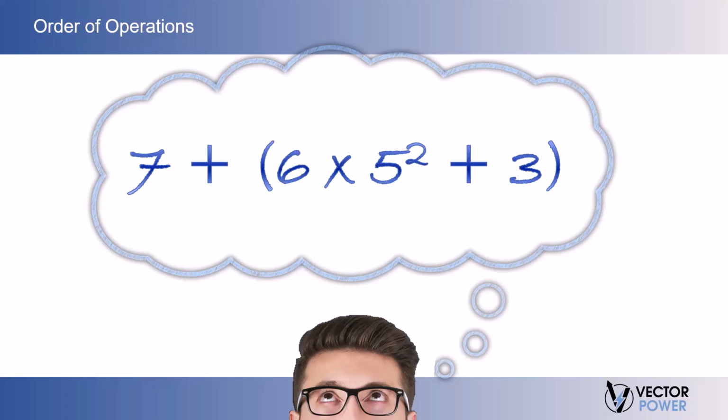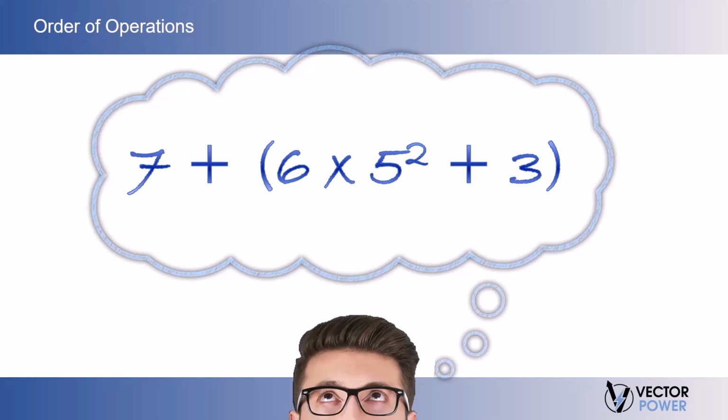All right, now let's talk about operations. Operations mean things like add, subtract, multiply, divide, squaring, etc. When you see a mathematical problem, like the one shown here, we need to ask, what part of the problem should we calculate first?